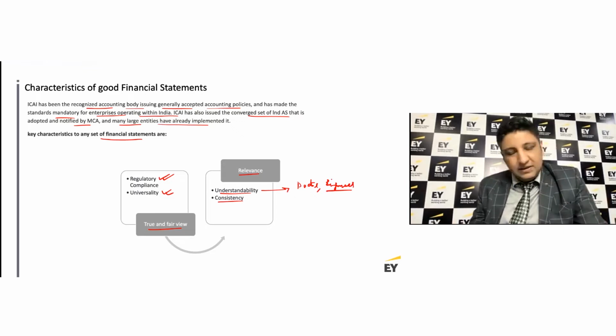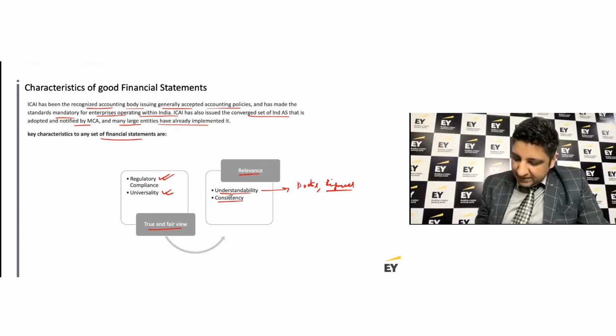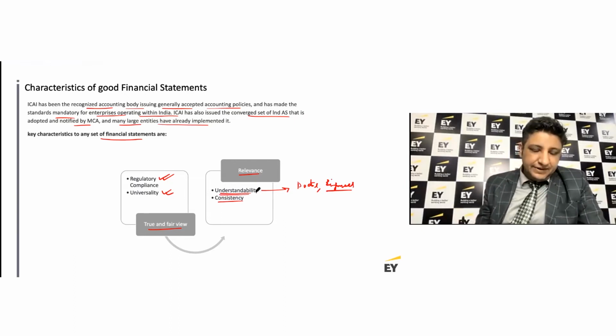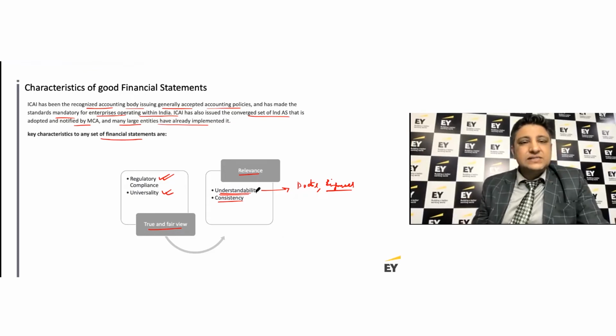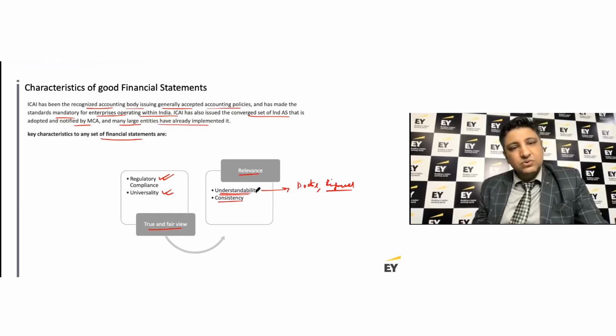They're all professionals, but again, the expectation is no. The whole idea about understandability here is that, ideally, my financial statements should be understood by people who understand the business and also understand the general accounting part of it. It shouldn't be too complex for people to be able to make meaning out of it.